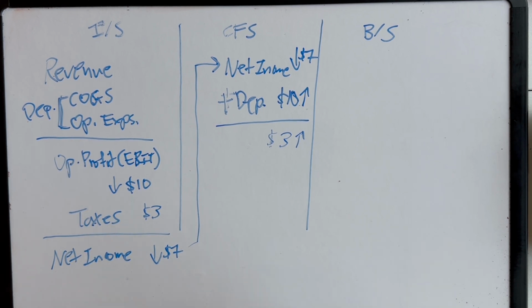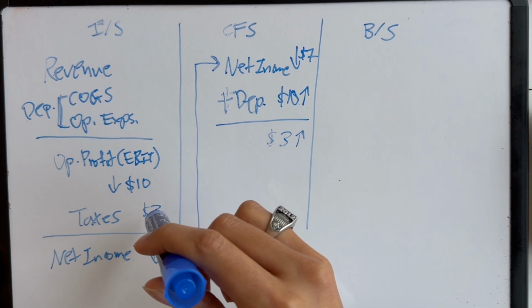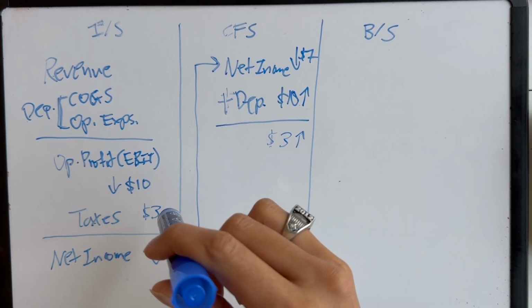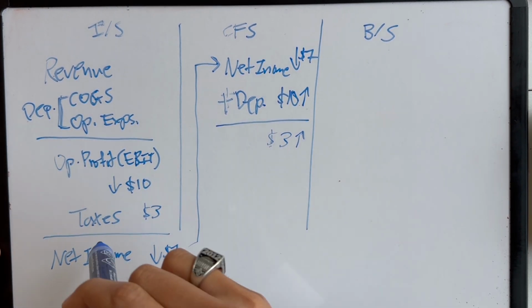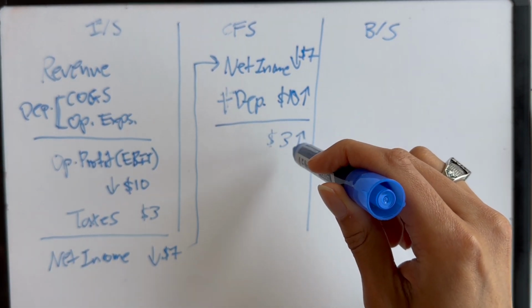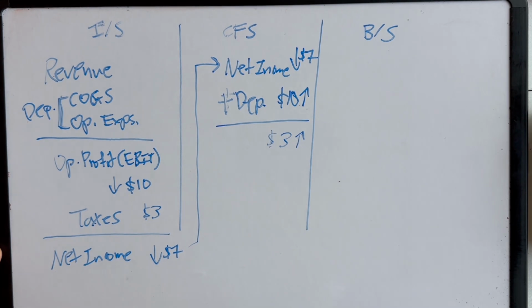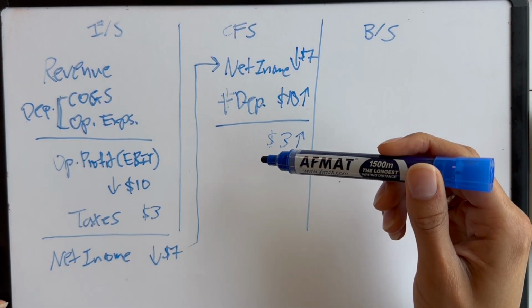Because guess what? You have this tax benefit that effectively is put into the effects of depreciation. And so you get that benefit over here on the cash flow statement where you have this $3 going up. So your cash flow statement is going to go up by $3.